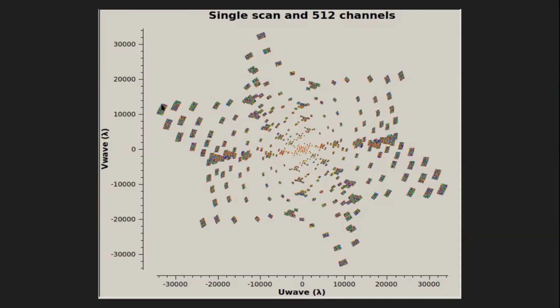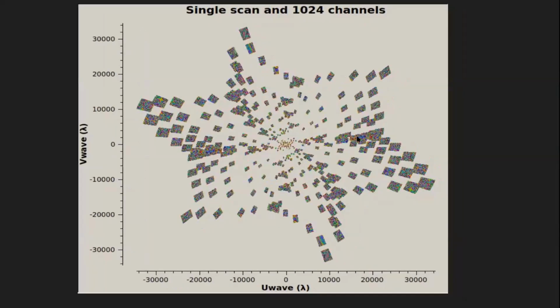You can ask me later, or you can try to answer yourself, why it is radially stretched if I add more and more channels. That is, if I increase the bandwidth, why are the data points radially stretched, okay? So here I have plotted 512 channels, then 1024 channels. As you can see, this is more radially stretched.